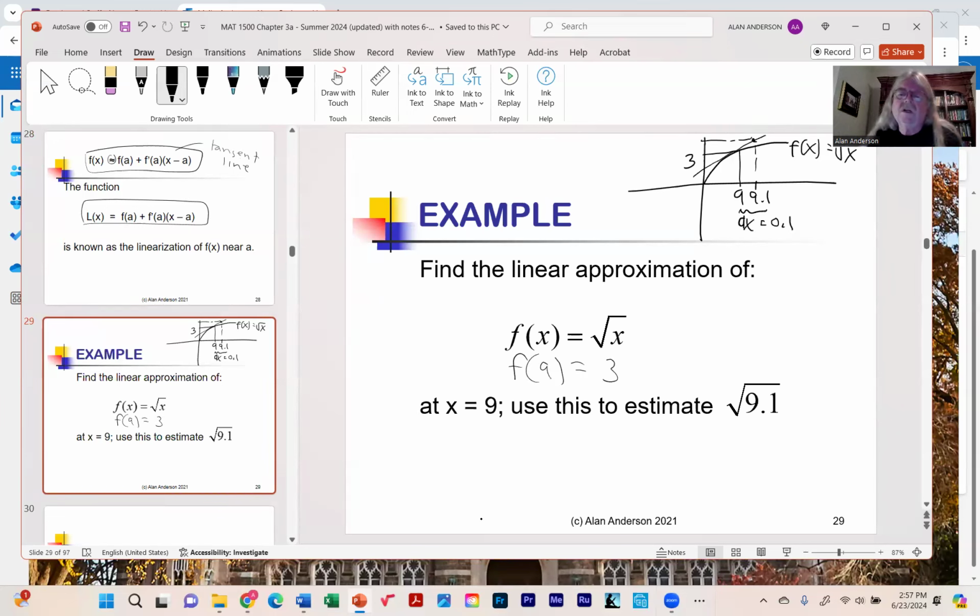Based on the power rule, that's going to be a half times 1 times x to the 1/2 minus 1. This can be rewritten as 1 over 2 radical x.